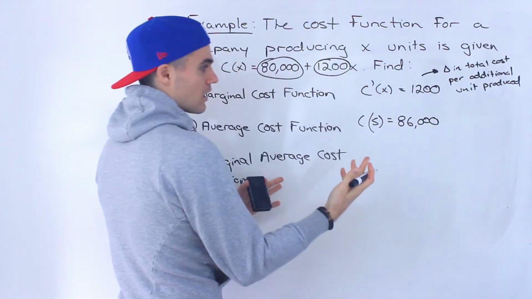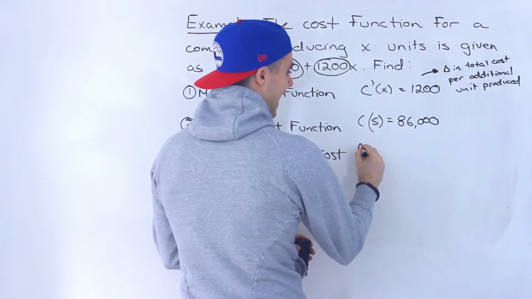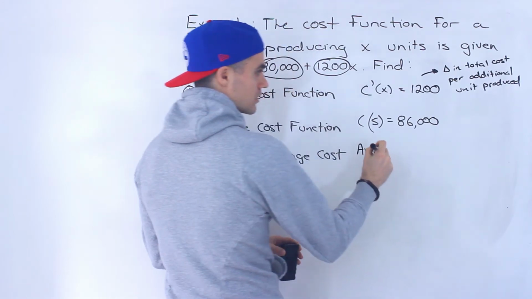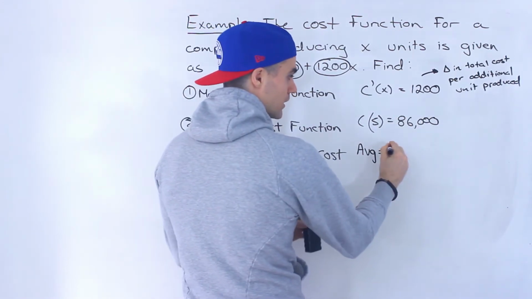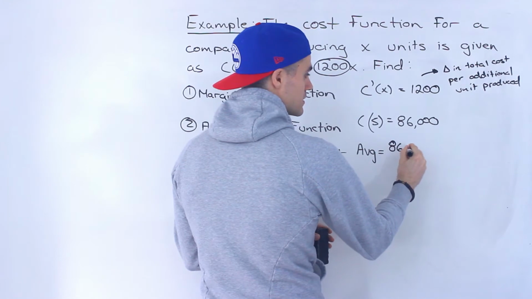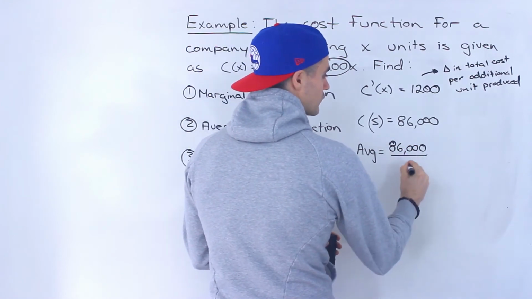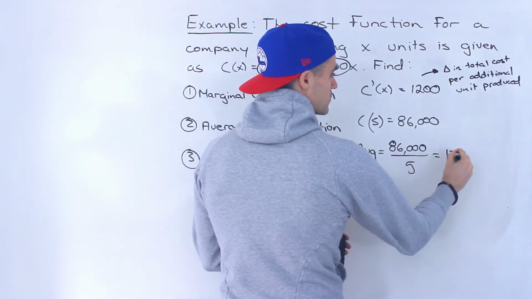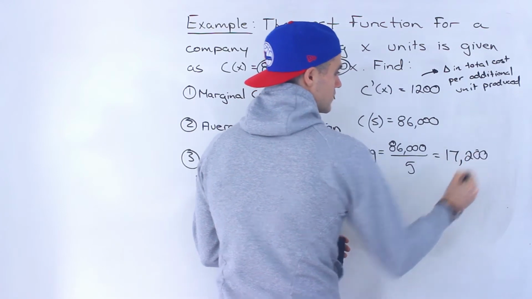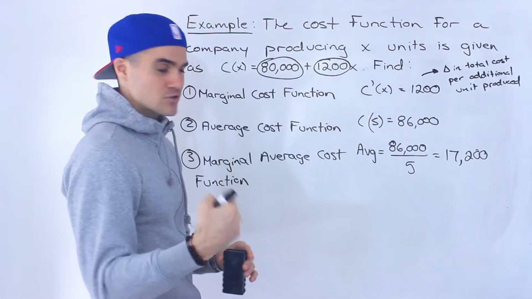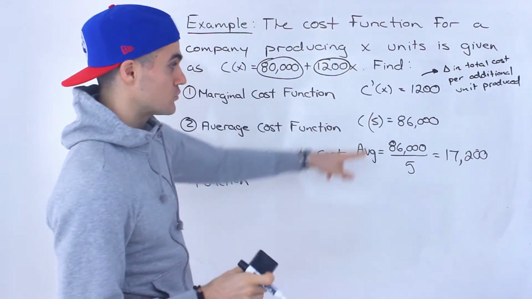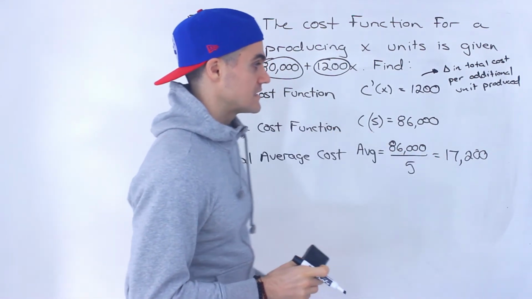That's the total cost. And then if we wanted to get the average cost per unit, we would take that total cost and divide it by the number of units produced, which in this case is 5, so we would get 17,200. Right? So the average cost per unit, if you produce 5 units, is 17,200.